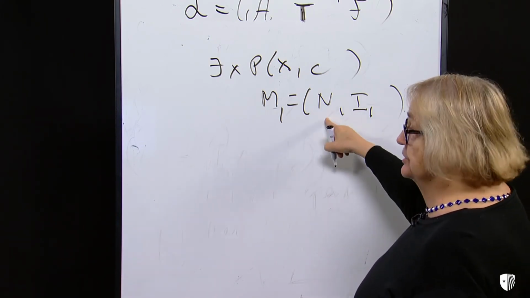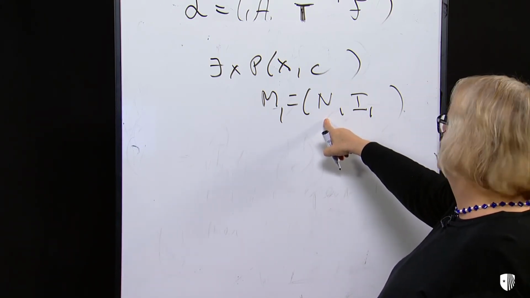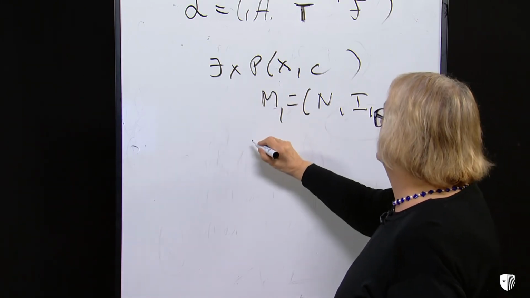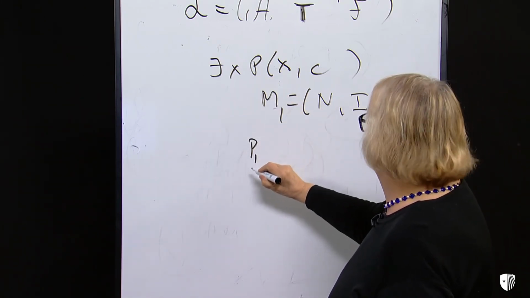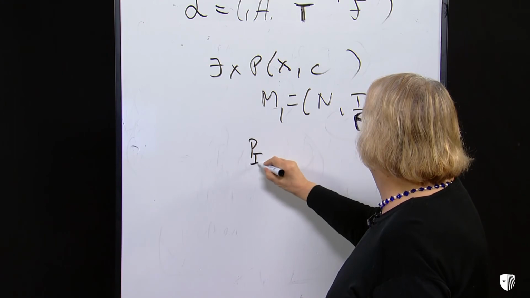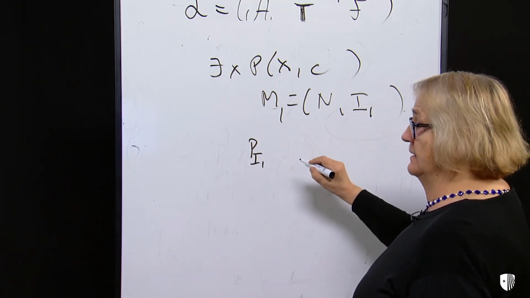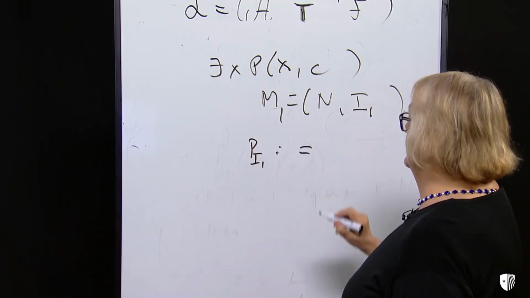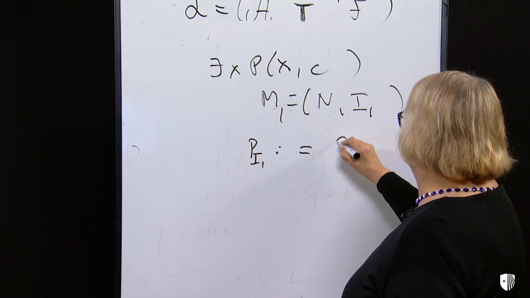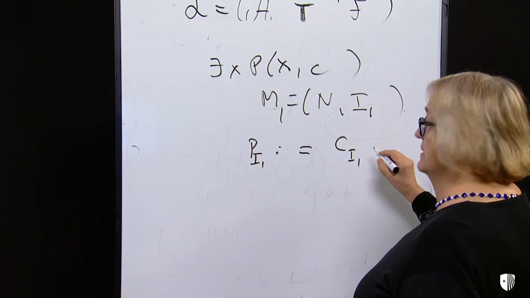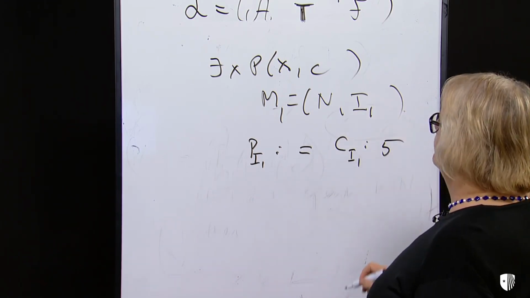The universe is the natural numbers. And I interpret P_I1 as equality, and c_I1 I interpret as 5.